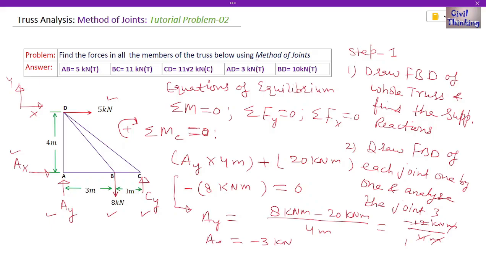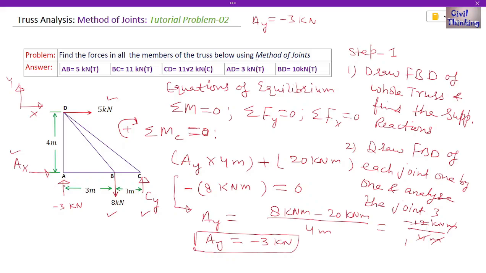So we got a negative value of the support reaction at A. This AY is negative 3. I will write the reaction here because we need this later on. All right, now AY is negative 3 kilonewton. Since it is a negative value, what does it mean? We earlier assumed that AY is upwards, right?